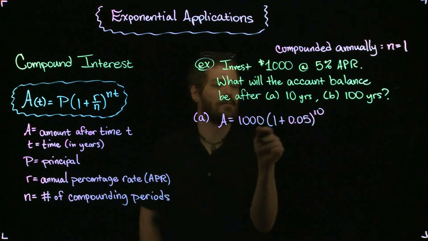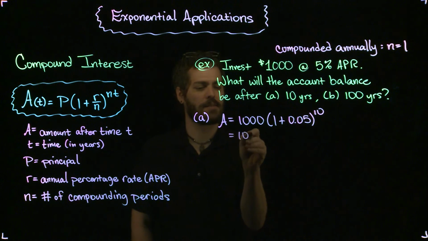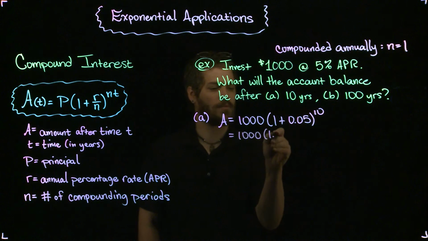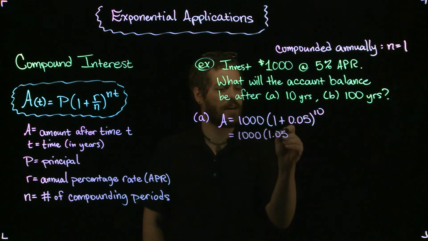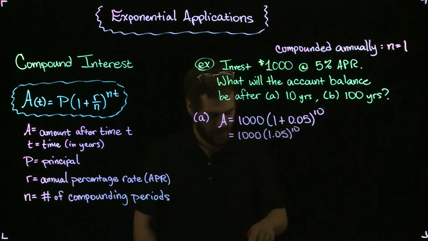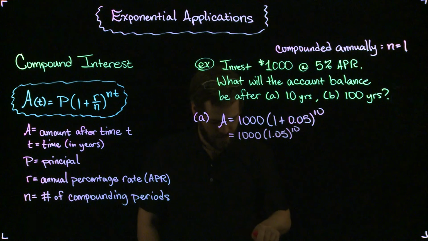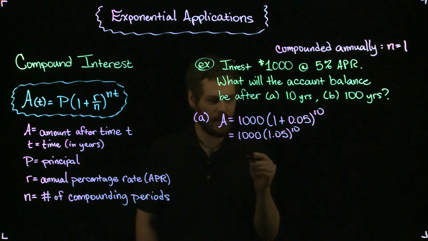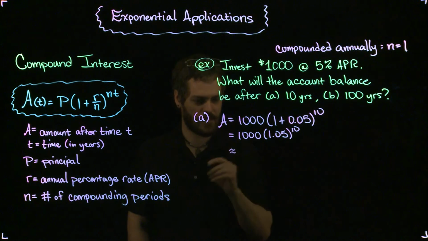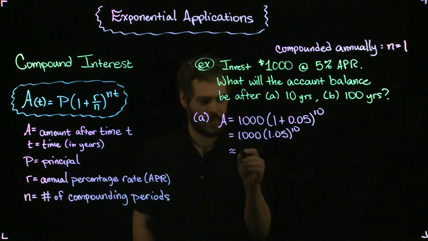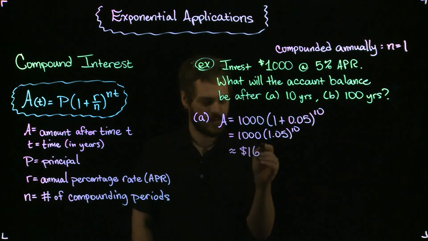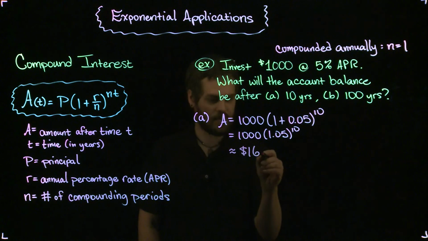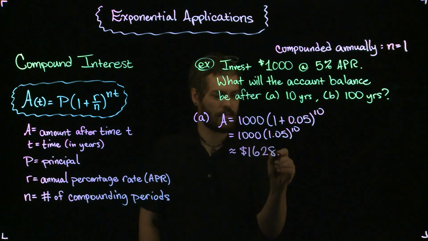All right, so let me just go from here. This is 1,000 times 1.05 to the 10th power, and I'm going to go ahead and just put that in my calculator all at once, and I get about, I'm just going to round it to the nearest dollar here, 1628.89.